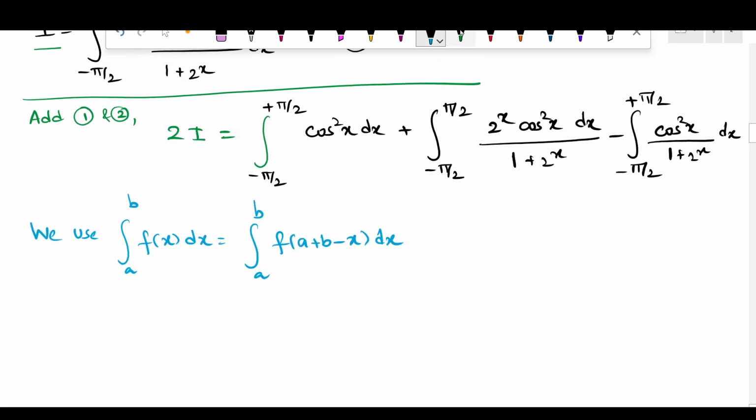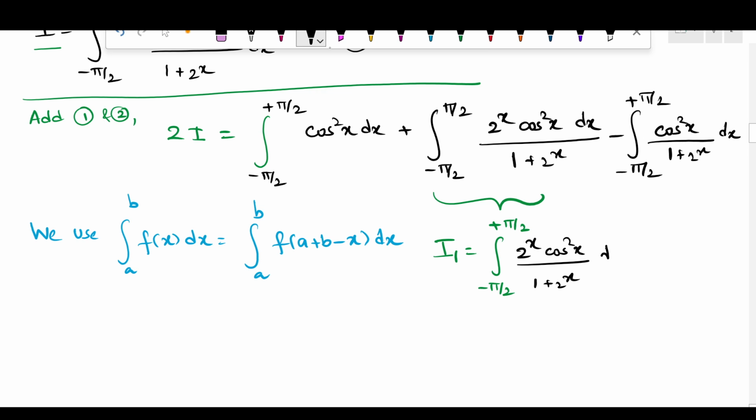So say this is your I1, the integral from minus pi by 2 to plus pi by 2 of 2 raised to the power x cos square x upon 1 plus 2 raised to the power x dx.